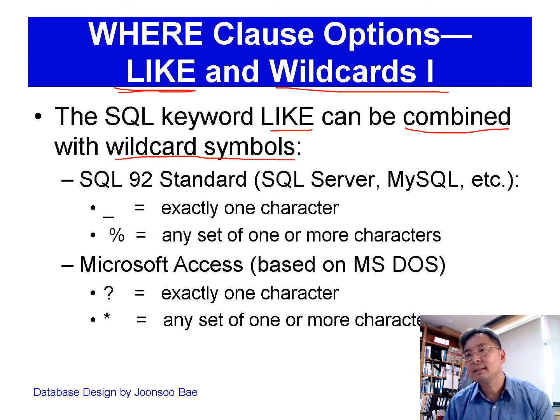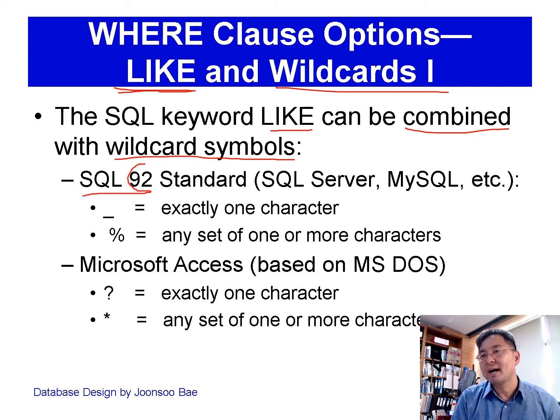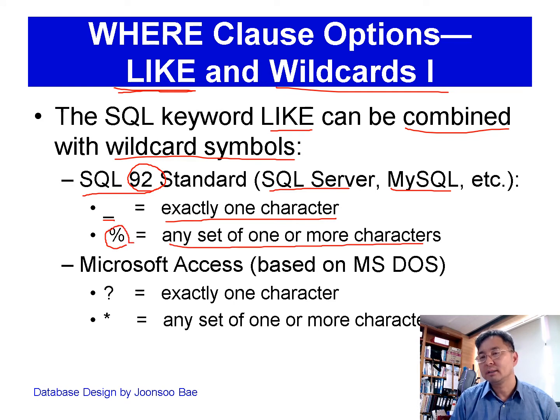But these wildcard symbols have slightly different meanings depending on the environment. In the SQL-92 standard, which applies to SQL Server, MySQL, or Oracle, underbar means exactly one character, and percent means any set of one or more characters. That is the wildcard character meaning.